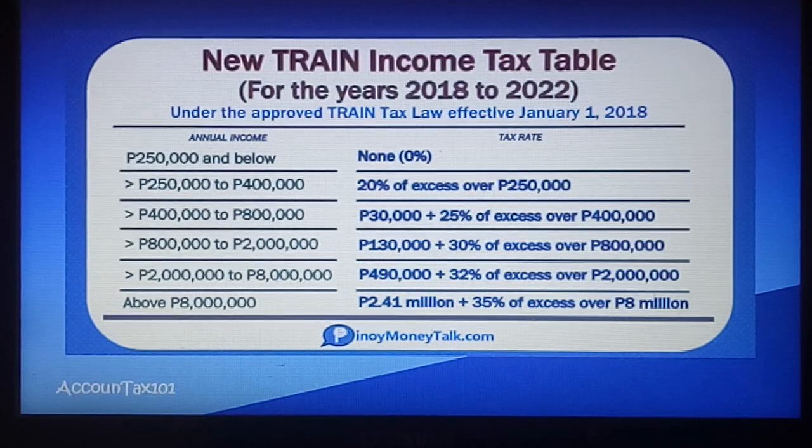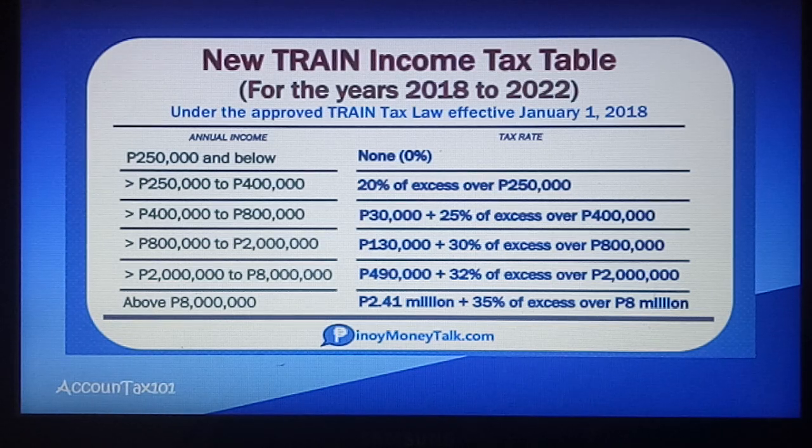So, tingnan natin. Yung mga income na 250,000 and below, ang tax rate is 0. So, ito mga ka-account tax, yung mga sinasabi nating exempt na taxpayer. So, kung ang tubo ng business ninyo is 250,000 and below, so you have no income tax to pay. Then you have the next bracket, over 250,000 to 400,000.